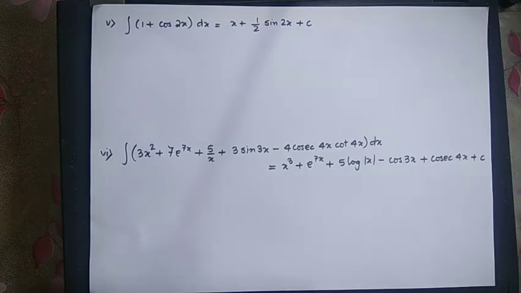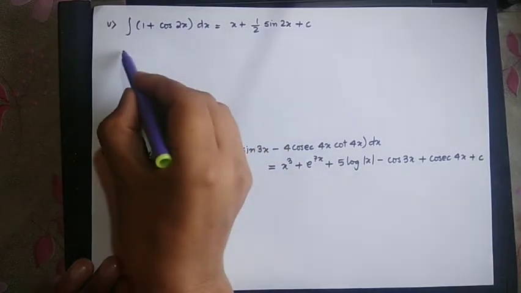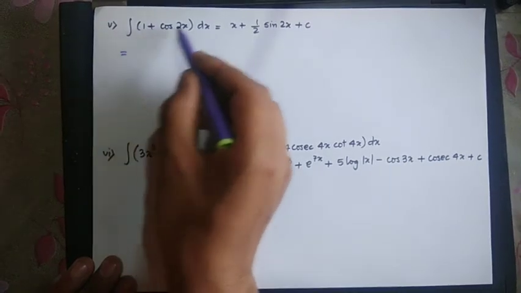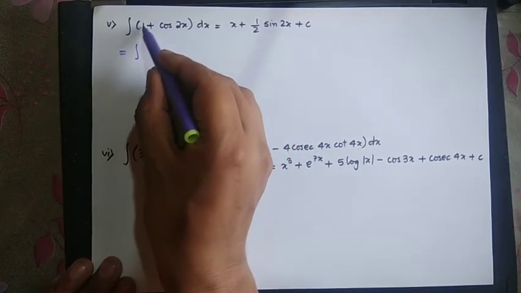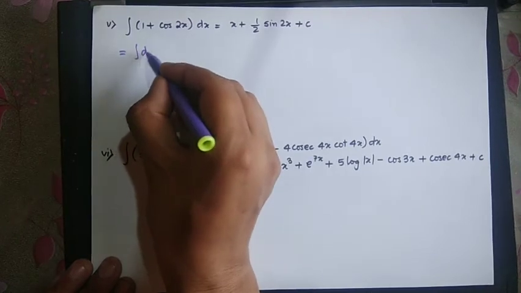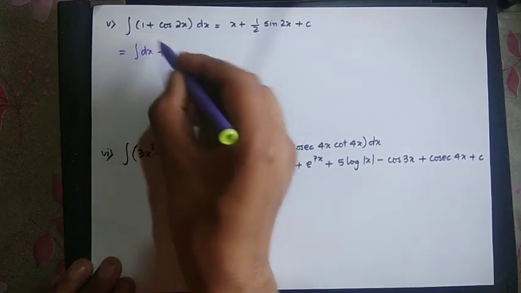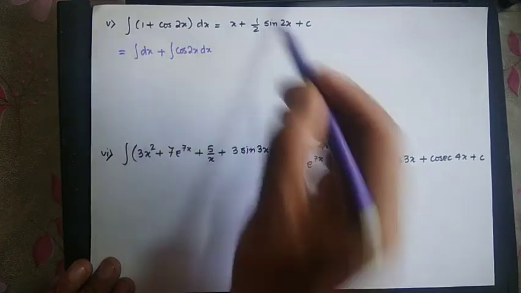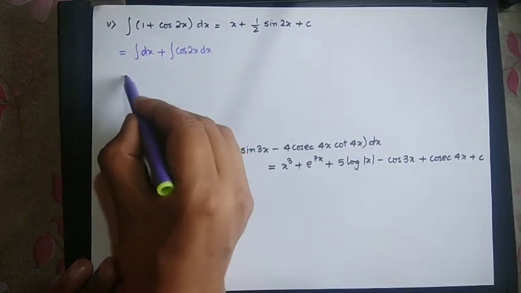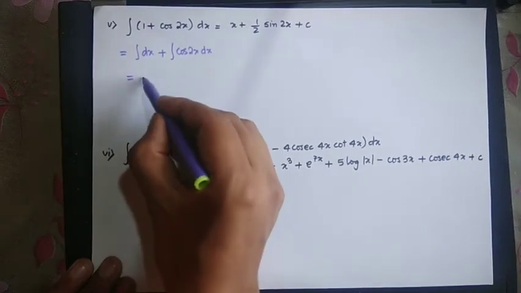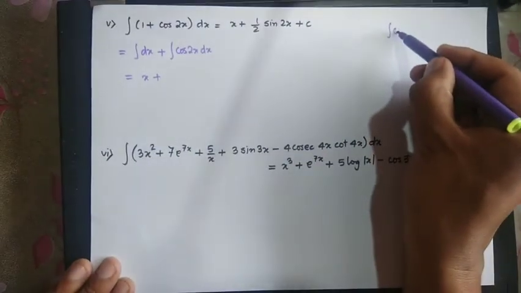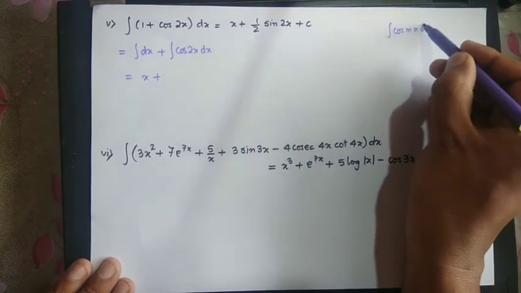Okay, so let's go to the next question, question number 5. So as usual, what am I going to do? Since there is a plus sign, I'm going to distribute this integral sign over addition. So we have 1 dx, which can be written as integral of dx plus integral of cos 2x dx, right? So this integral of dx is x plus, now we know that the integral of cos mx dx will be how much?